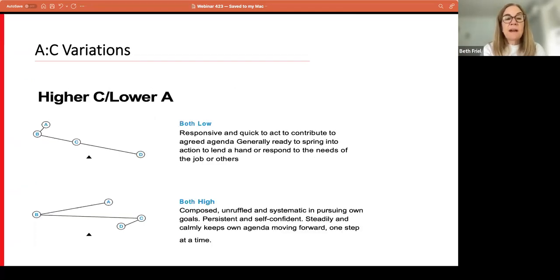And even when you have them both low, you've still got a collaborative A, but a higher C. So it's going to be not as positive a response to pressure, but they will spring into action. When they're both high, composed and unruffled, steady and calm, one thing at a time.